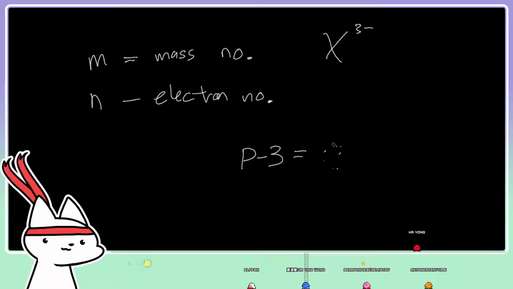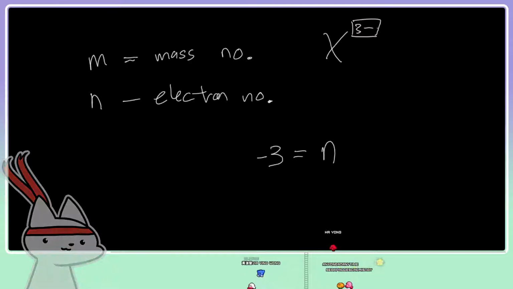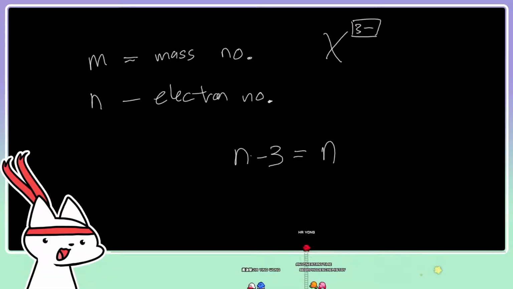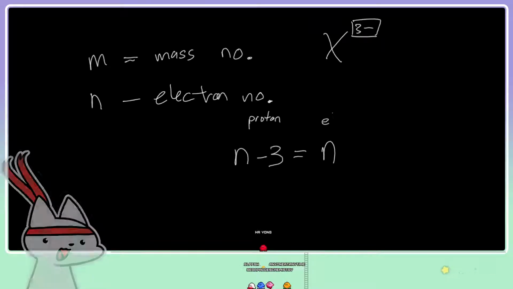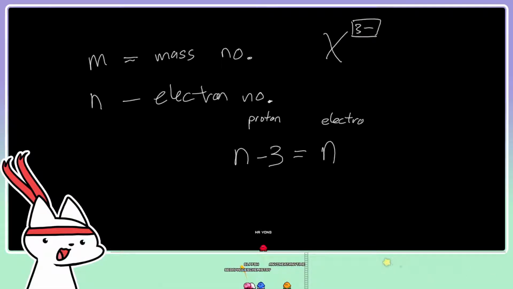So electrons is represented by N, and since it's 3 minus, the number of protons should be N minus 3. In terms of number of protons, it should be 3 less, so the electrons can have 3 more. Then the mass number M minus the number of protons, which is N minus 3.